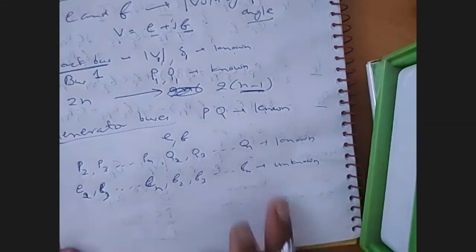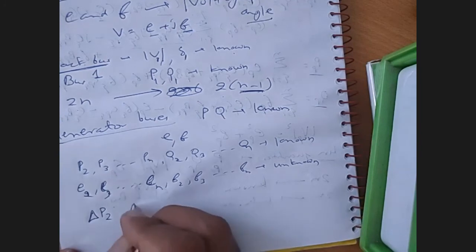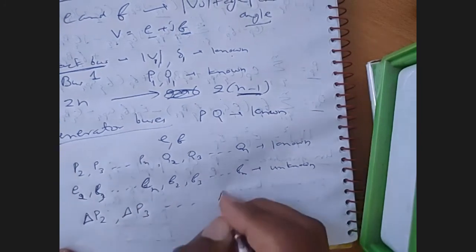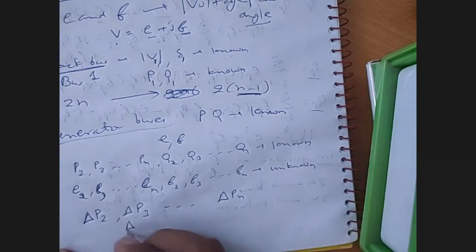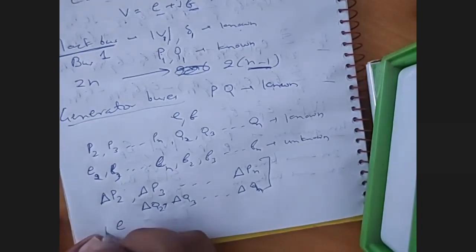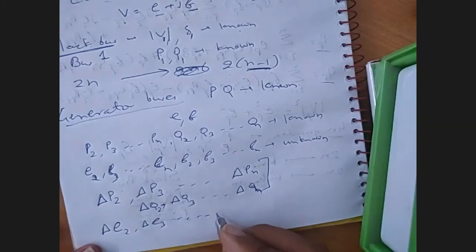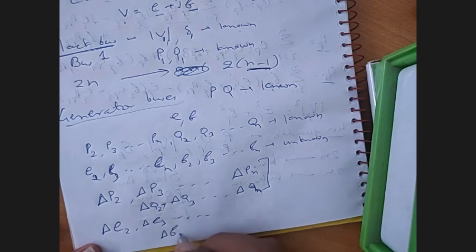So when these become unknown quantities, you will be getting delta P2, delta P3 up to delta Pn, and delta Q2, delta Q3 up to delta Qn as the change in the quantity, and delta E2, delta E3, and so on, and delta F2, delta F3, and so on.